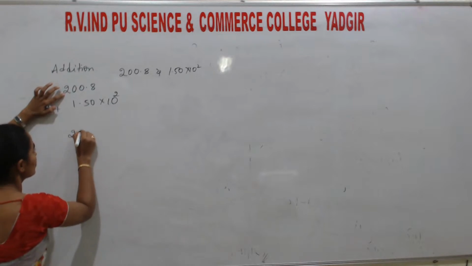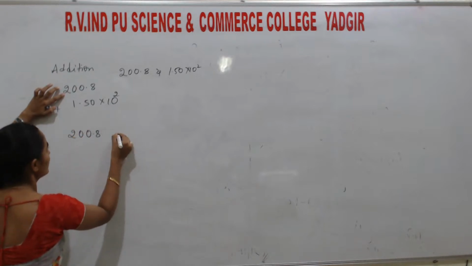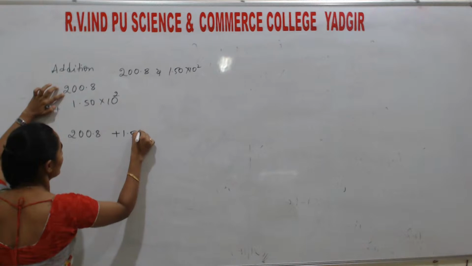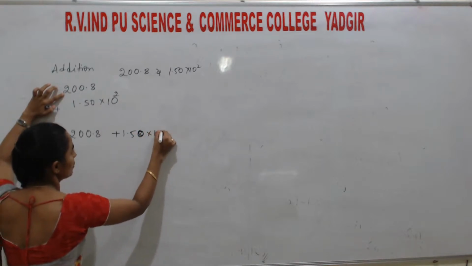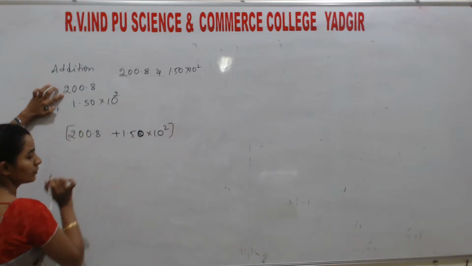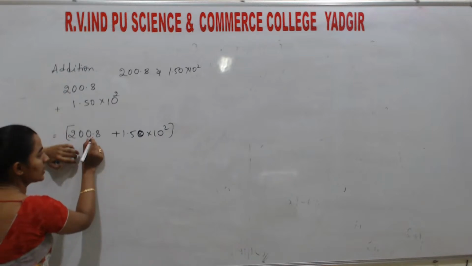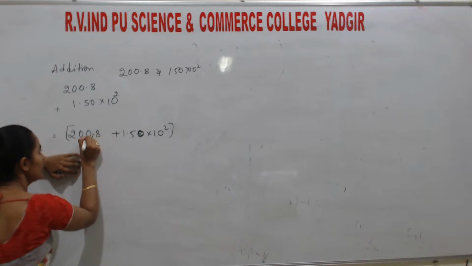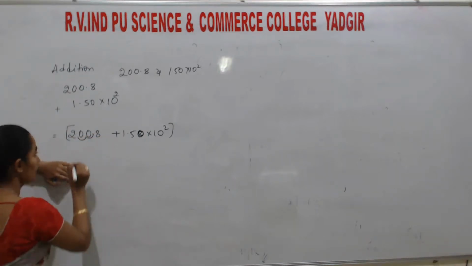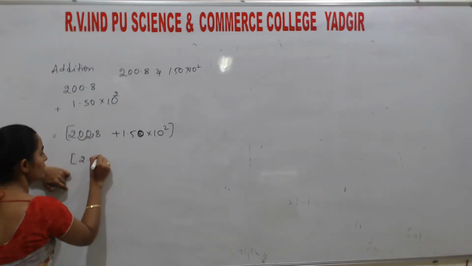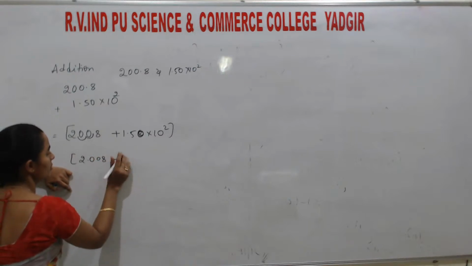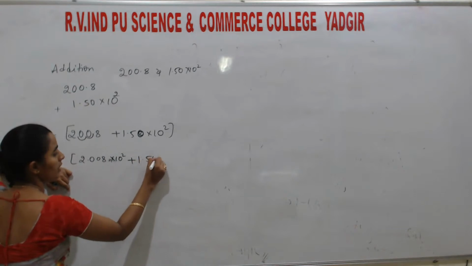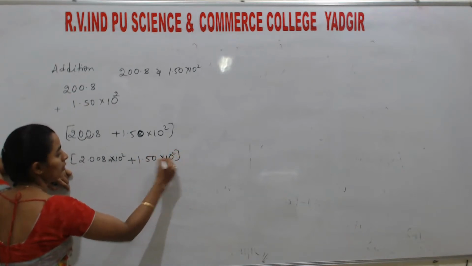Here it is 200.8 plus 1.50 into 10 to the power of 2. Okay, so this is converted to this power. We want 10 to the power 2. That is 2.008 into 10 to the power 2 plus 1.50 into 10 to the power 2.